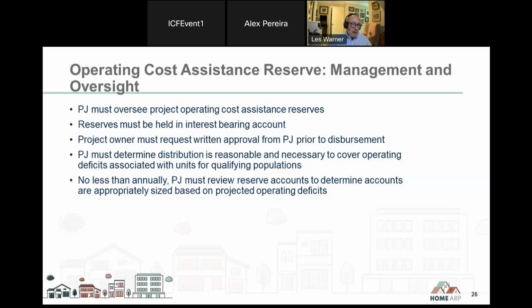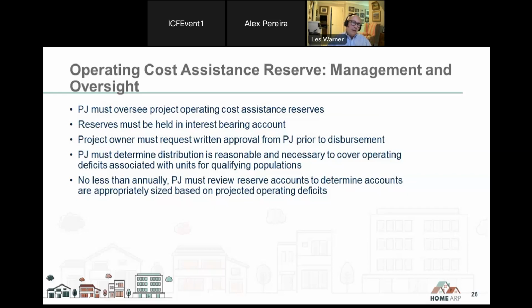So we may have set up our project reserves based on projections we've made about how often we think there's going to be a draw that needs to be made from that. Depending on the actual income of the mix of tenants in that project, we might see those draws be faster or slower than what your initial underwriting had determined.